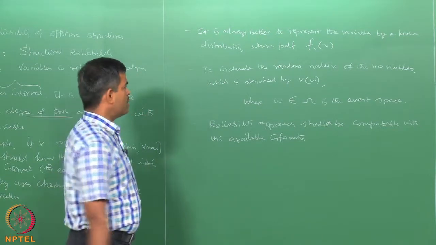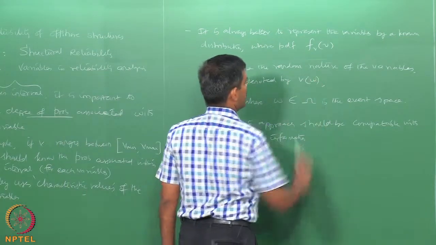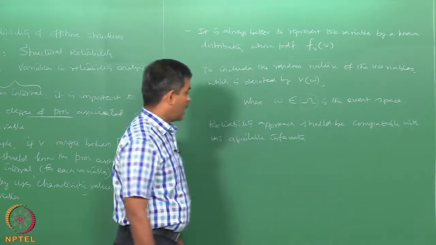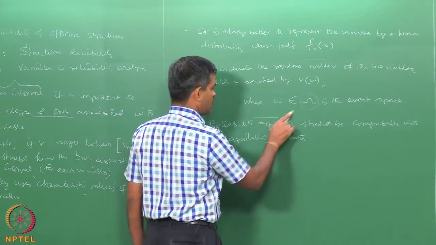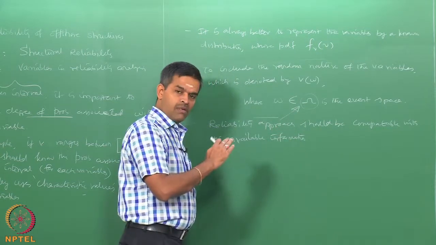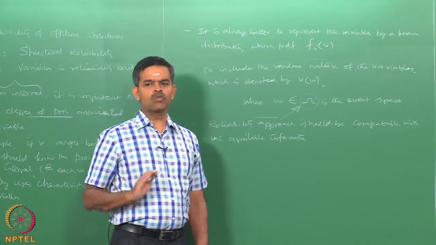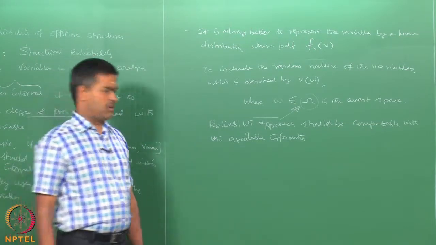Because the randomness of the variable is a subset of a space of elements, and the approach we follow should be compatible with this space of events. So, people have chosen to use a stochastic model.